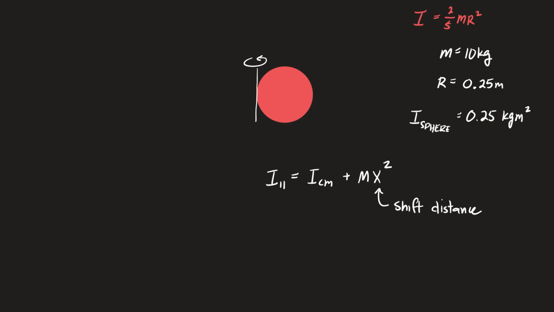Now, in this case, we're shifting it one radius, right? We're going from the center to the edge. So can you take a moment and calculate the moment of inertia now? We know the center of mass one is 0.25.